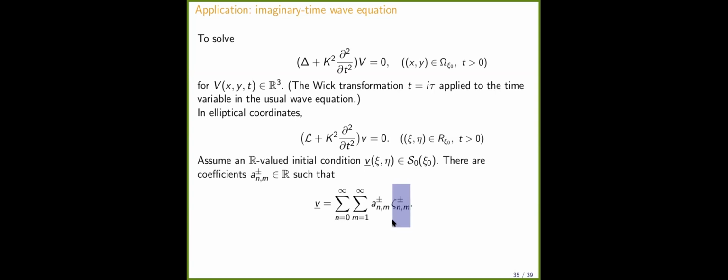So we have some coefficients A and M, which give us this initial condition V. Now I want to introduce some constants, omega and M, analogous to frequencies, which are the square root of nm divided by the parameter k appearing in the wave equation. And then with this, I can construct a solution to the equation.